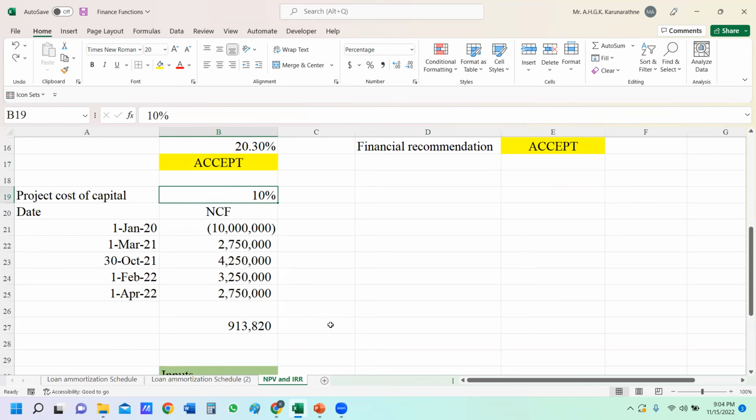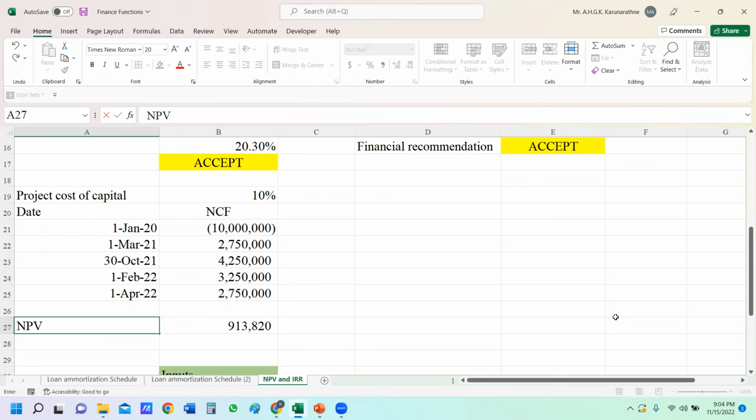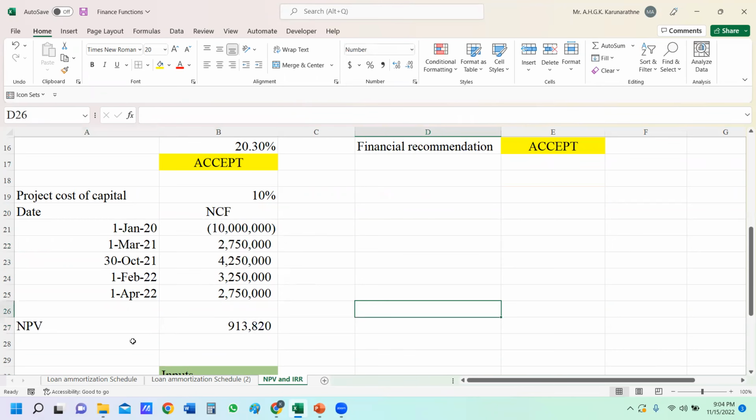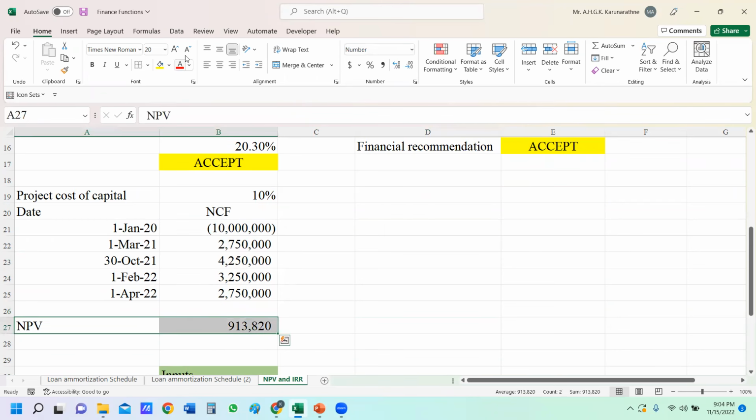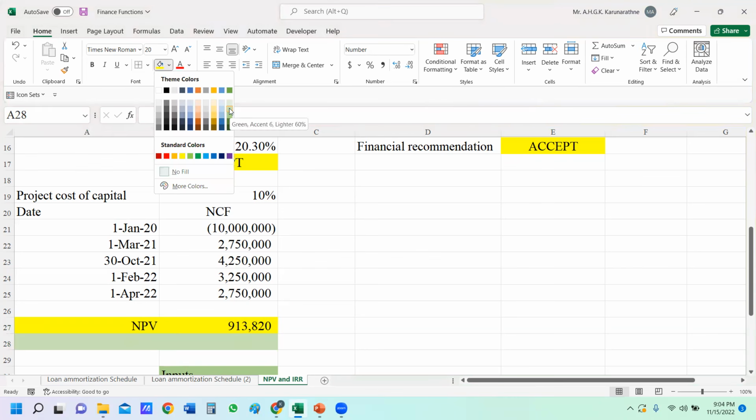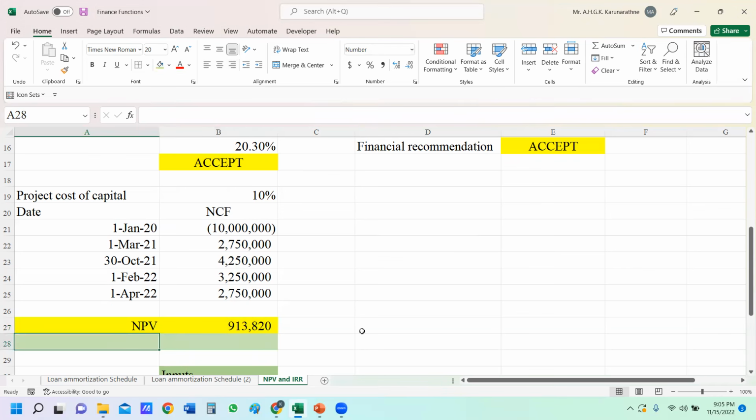Let's see how to compute this. NPV, it is positive. Then you compute. Next we compute IRR, the internal rate of return.